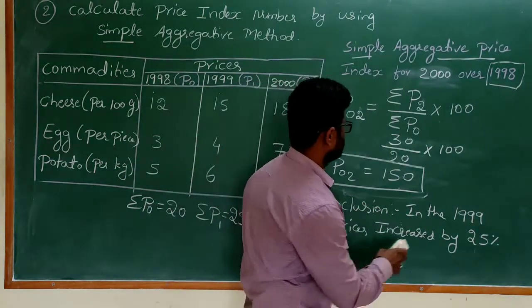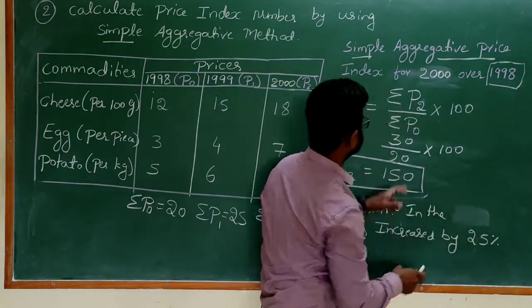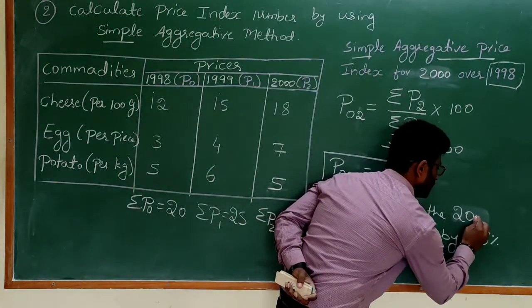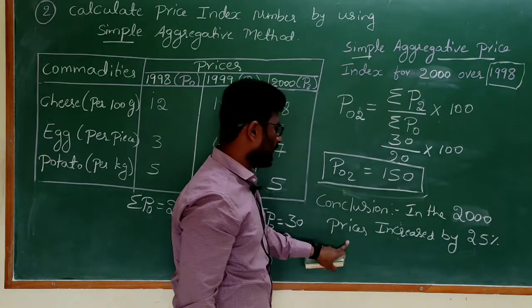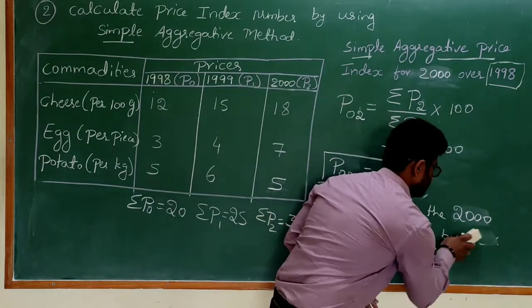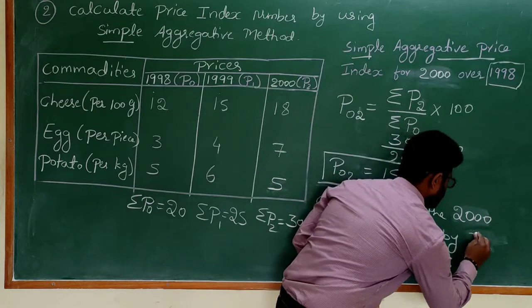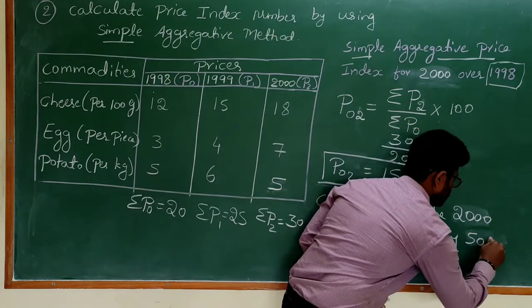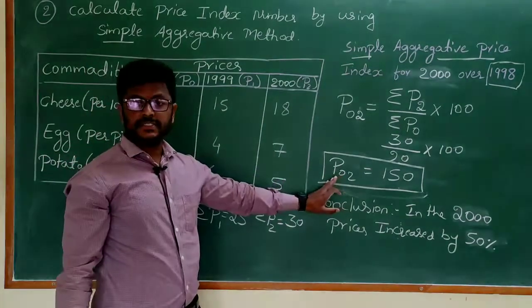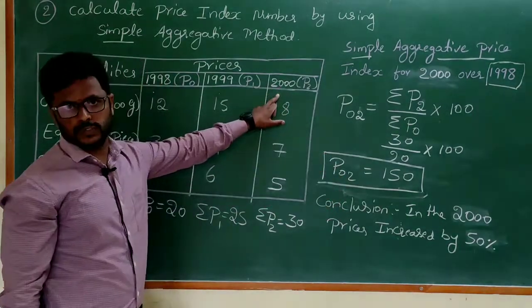The current year is 2000. In this 2000, prices increased by 50%. That is the conclusion for prices of the current year 2000.